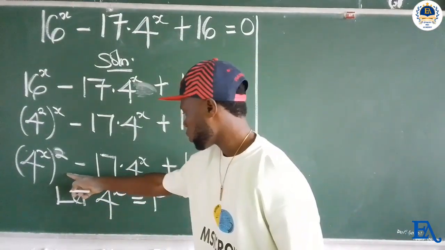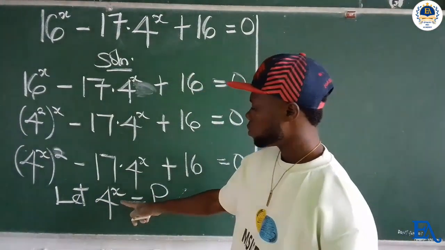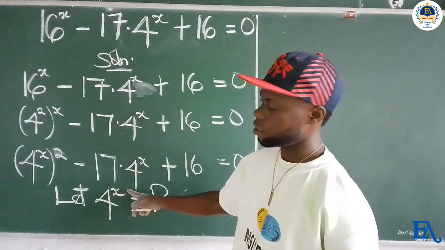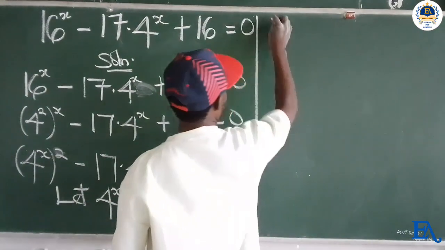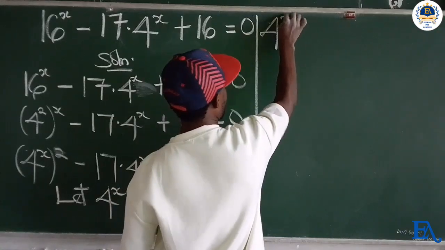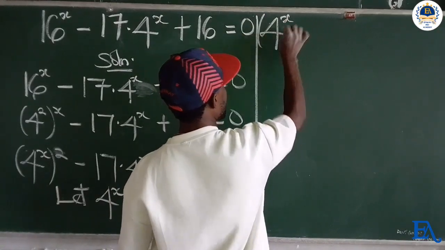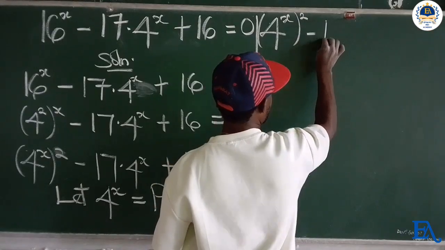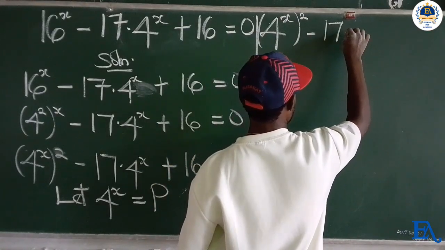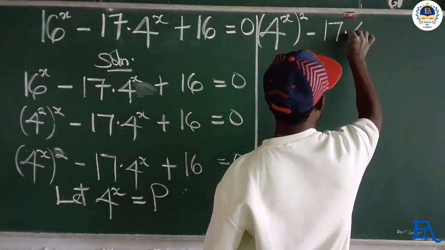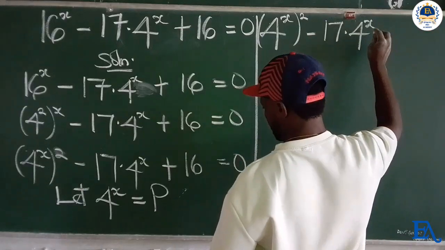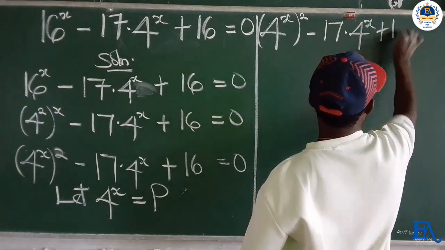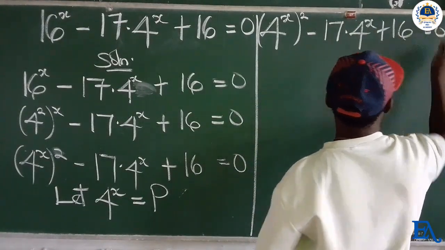Rewriting this equation, when 4 raised to the power of x is P, we have 4 raised to the power of x, squared, minus 17 times 4 raised to the power of x plus 16 equal to 0.